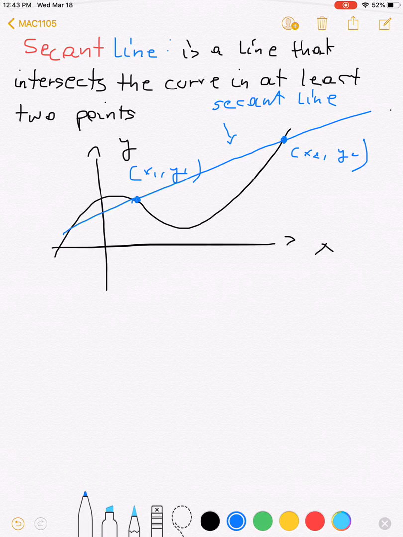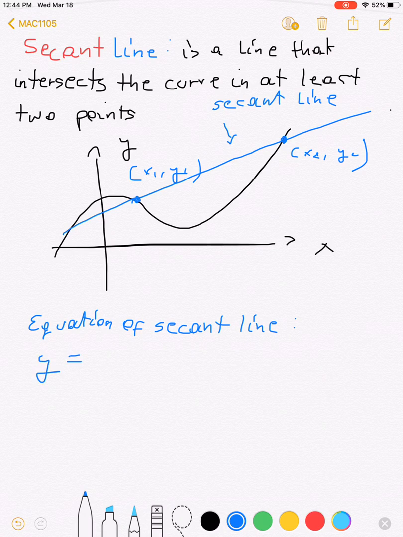Okay, so in the next example, we're going to find the equation of the secant line. Like you see, the secant line is a straight line. So the equation of the secant line is just the equation of the line using slope-intercept form, which is y equals mx plus b.